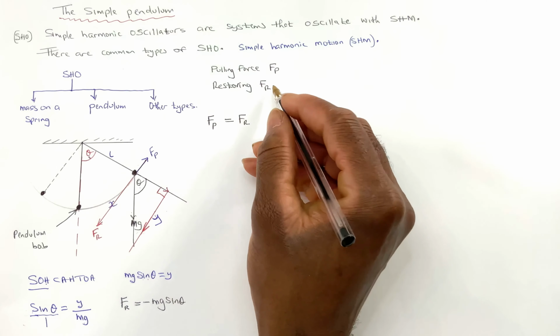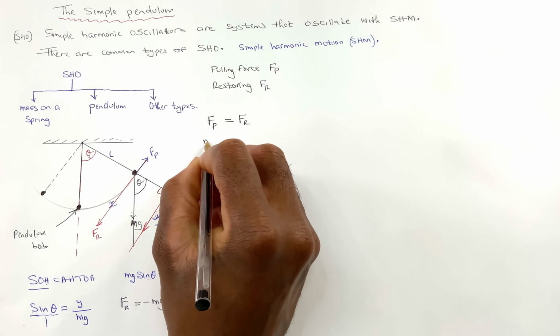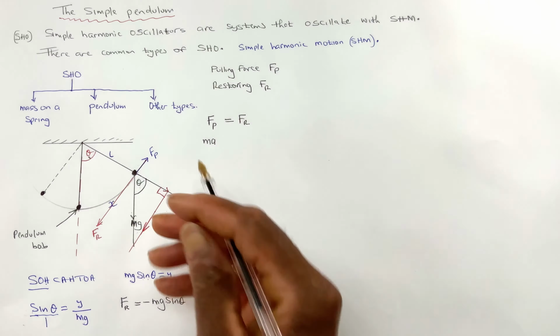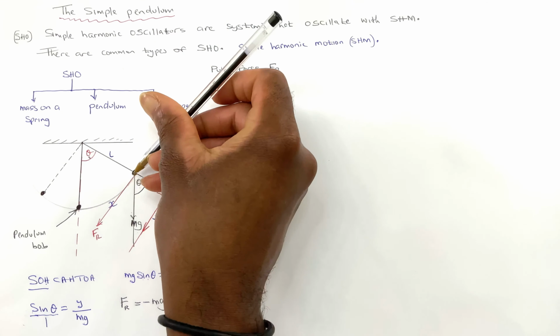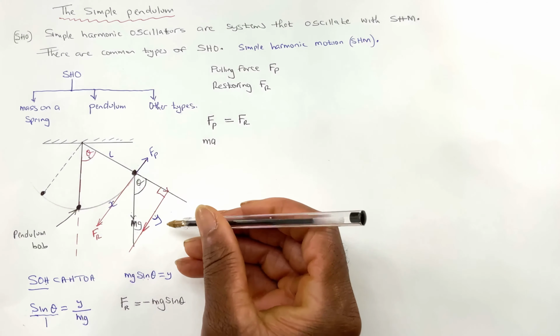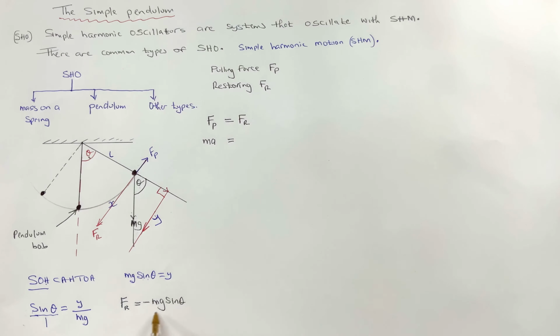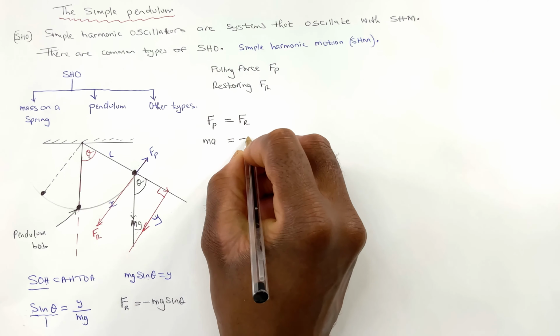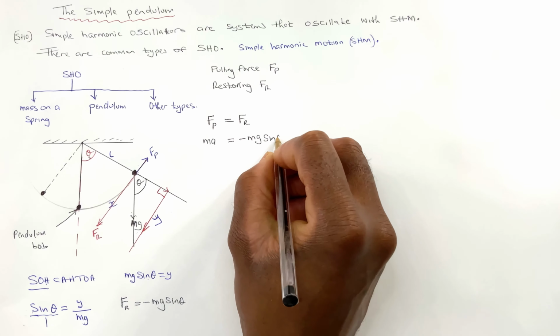But my Fp, using Newton's second law of motion, will be ma, because I'm accelerating the mass as I pull it. But it wants to go back to equilibrium, hence that will become minus mg sine theta.